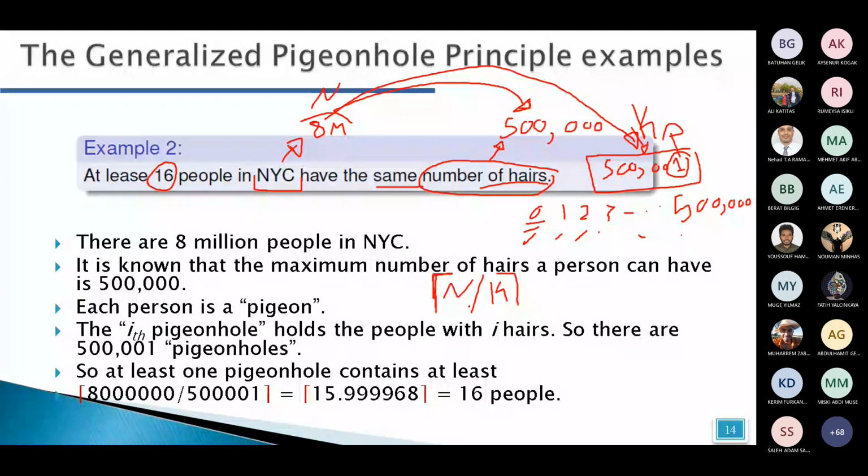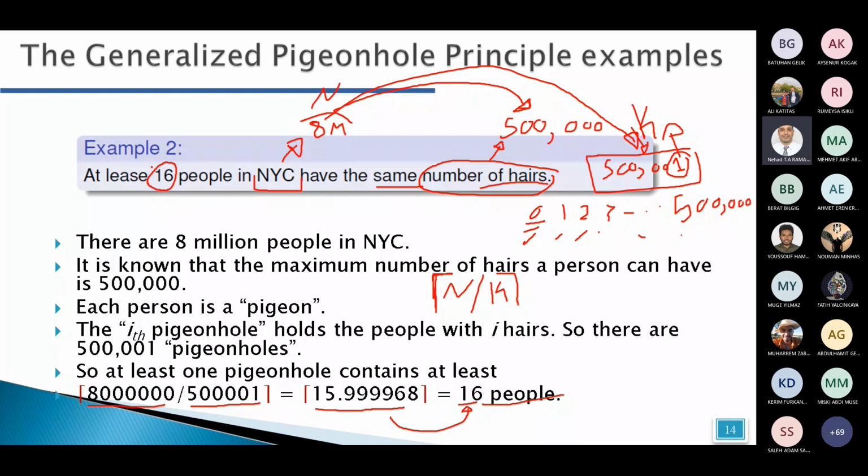So it's 8 million divided by 500,001. Okay, so it's almost 16. It's like 15.9999. The next integer value, which is 16 people, will have the same number of hairs, at least 16 people.